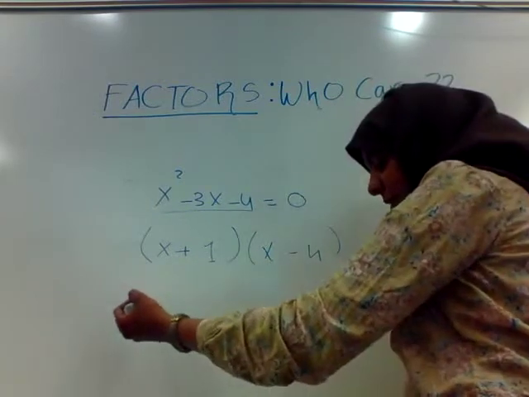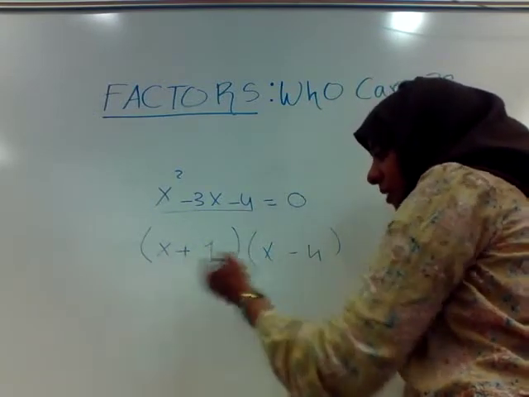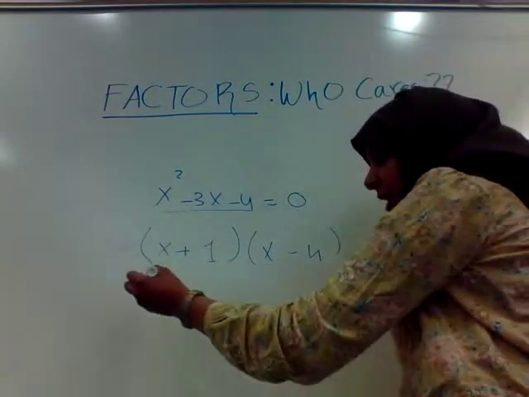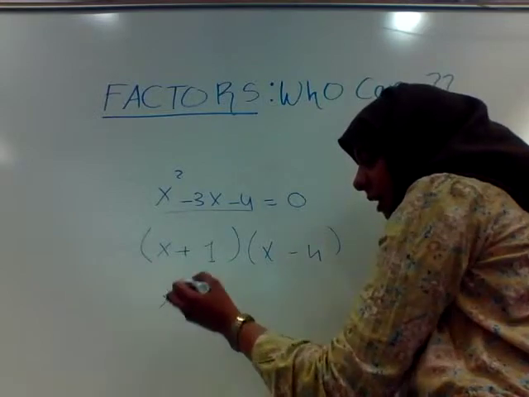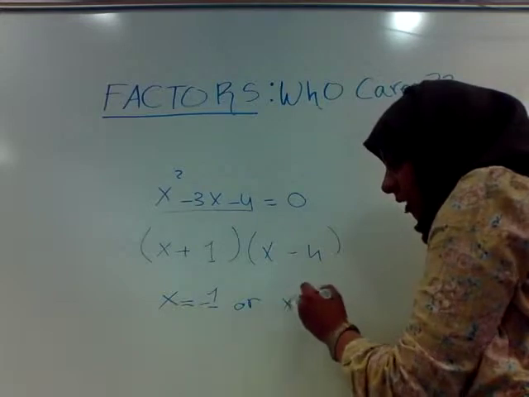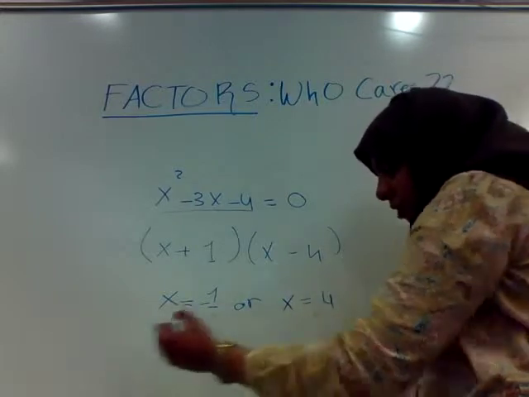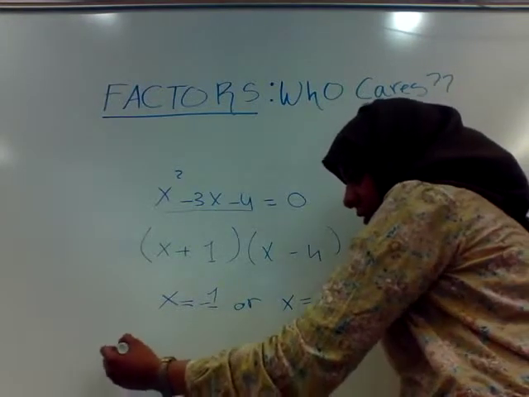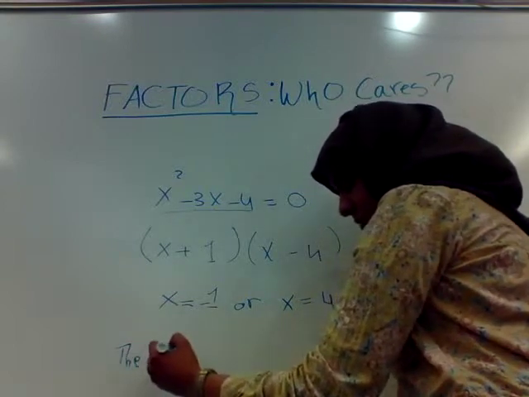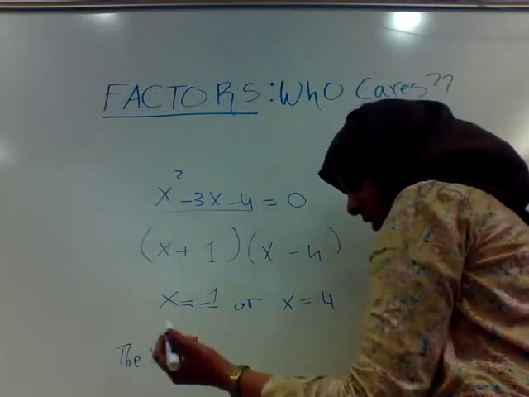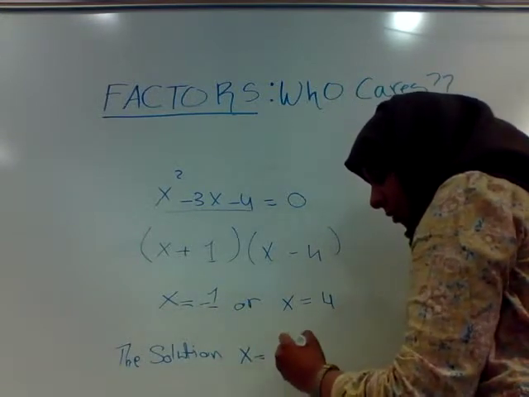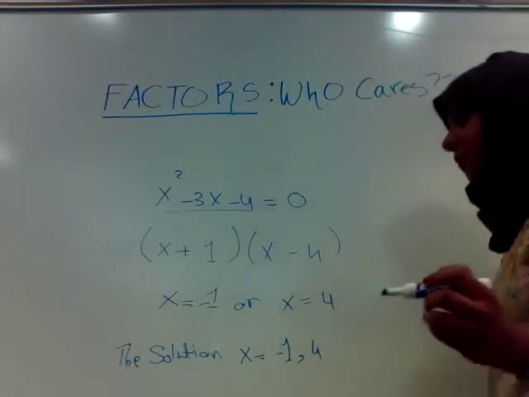From these two parentheses, we're going to have two solutions for x: x could equal minus 1 or x could equal 4. So the solution is x equals minus 1, 4.